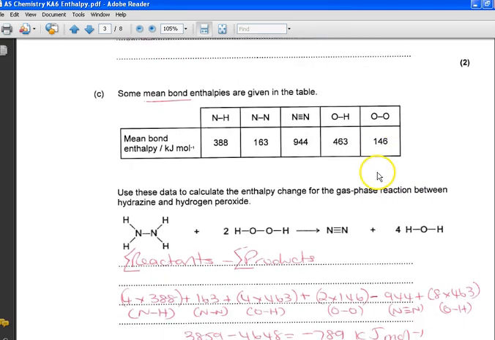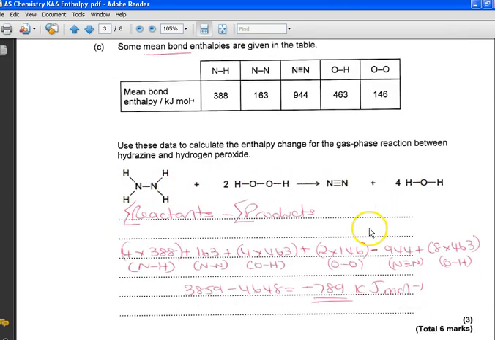This confused some of you, and I'm not quite sure why. If you see a question with mean bond enthalpies in a table, or mean bond enthalpies given to you, it's the very straightforward calculation of reactants minus products. Obviously, they've even marked out the bonds for you here, so you didn't even have to write out the molecules. The most common mistake, and I said this in class, is that you miss a bond.